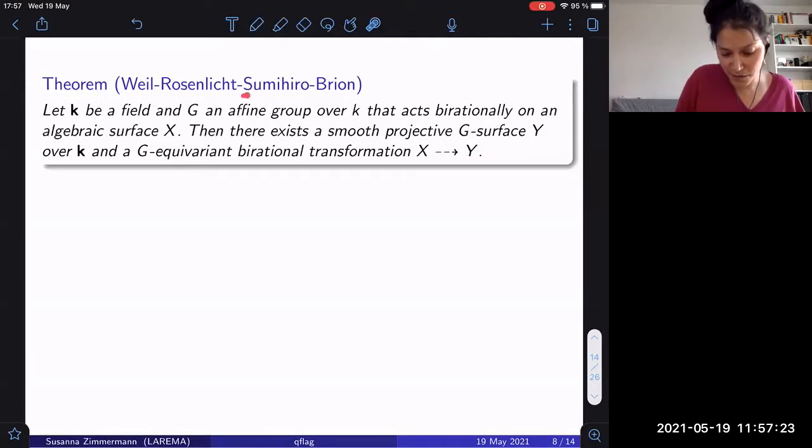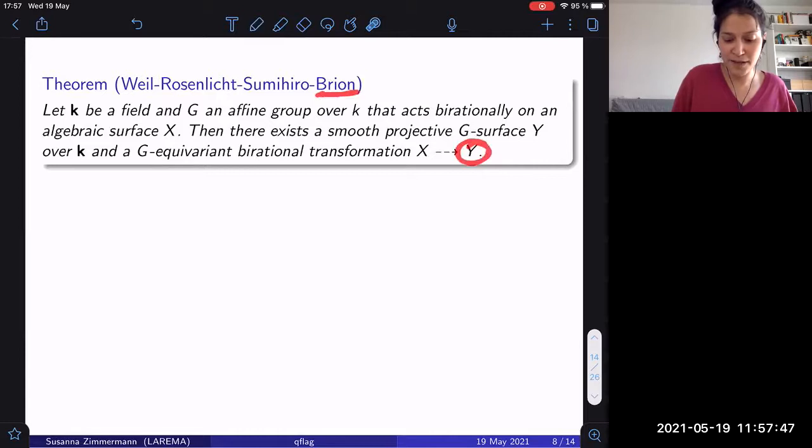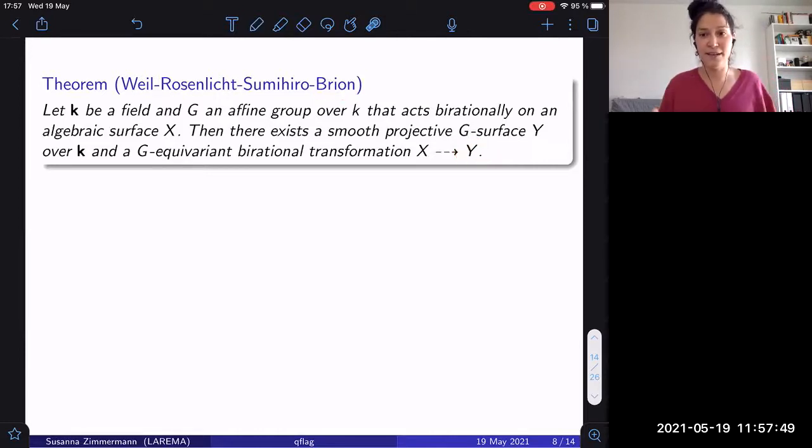And then Sumihiro extends it. You can always restrict to the smooth part of Y, because the non-smooth part is preserved by G. But then Sumihiro tells you that if G is connected, you can assume that Y is projective. You can get to a projective version of Y. And Brion generalized it again for any number of irreducible components of the affine algebraic group. So this is why all of these names are there.